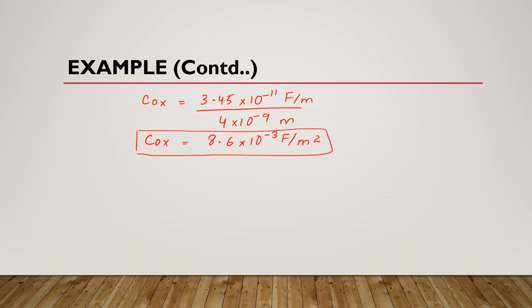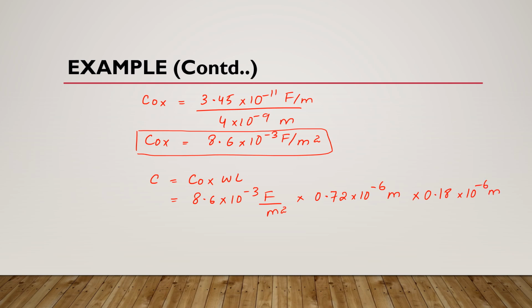Now what about the total capacitance between gate and channel? It is given by this formula. Here we know that the capacitance of the oxide layer is 8.6 into 10 raised to the power minus 3 farad per meter square, the width is 0.72 into 10 raised to the power minus 6 meter, and the length is 0.18 into 10 raised to the power minus 6 meter.